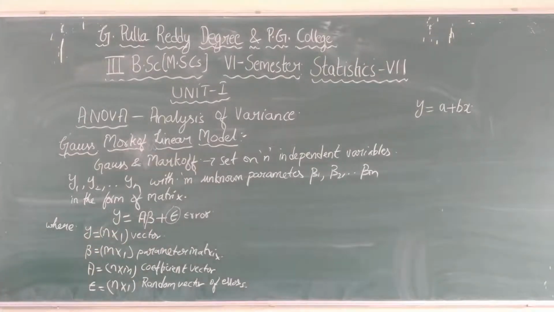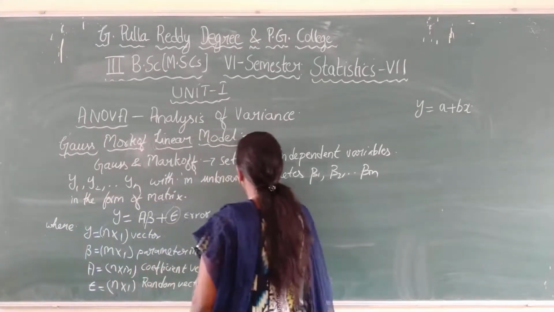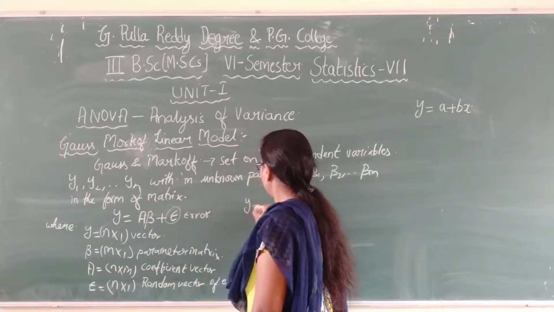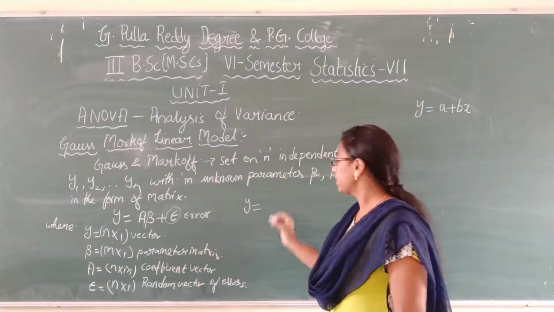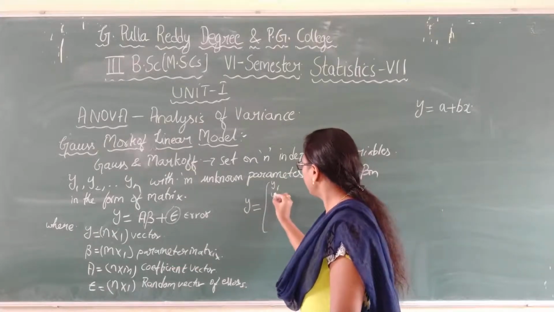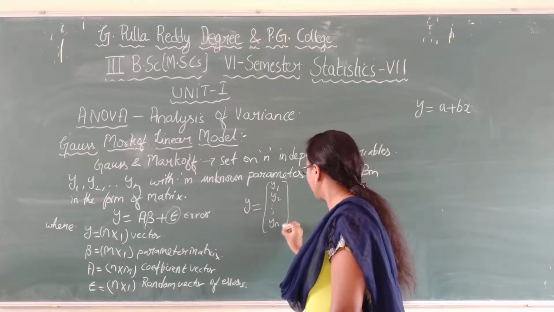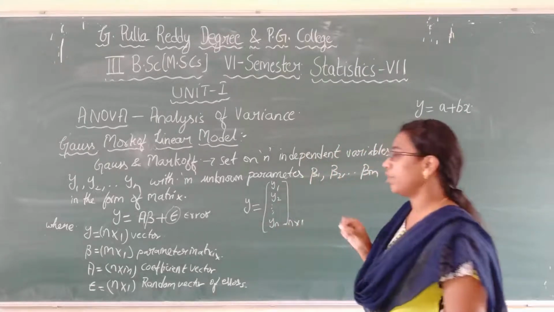Now we will describe these matrix and vector forms. First, what is y? y is the n by 1 vector, right? How will we write the n by 1 vector? That is y1, y2, so on, yn. So y is the n by 1 vector.